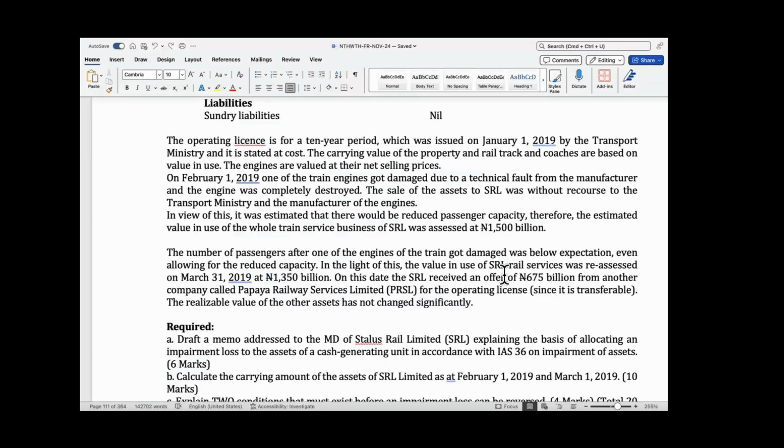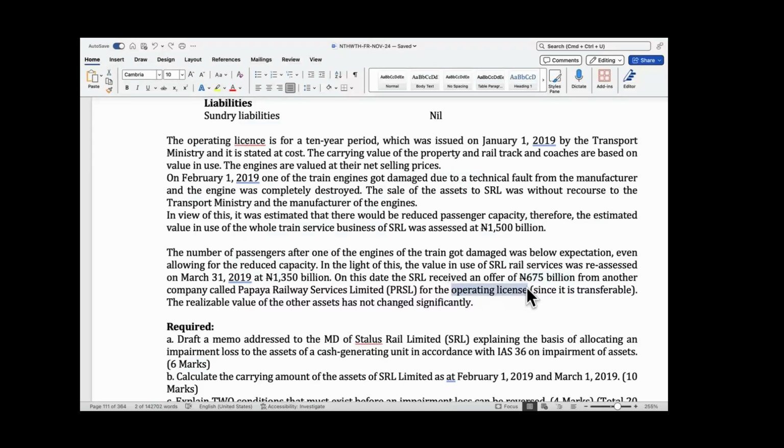So on these dates, this company, SRL, is now receiving an offer. Somebody is saying he wants to buy the company. He wants to pay 75 billion. Okay. And the guy said he wants to pay for the license.